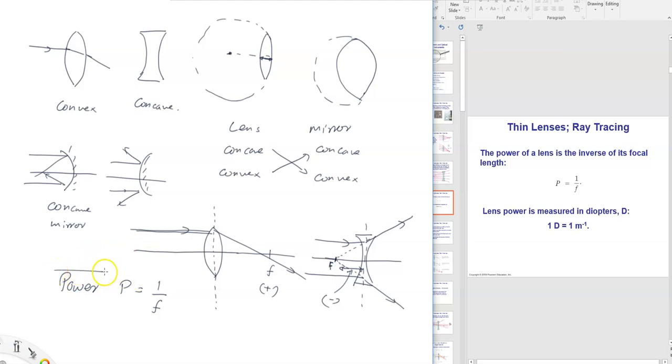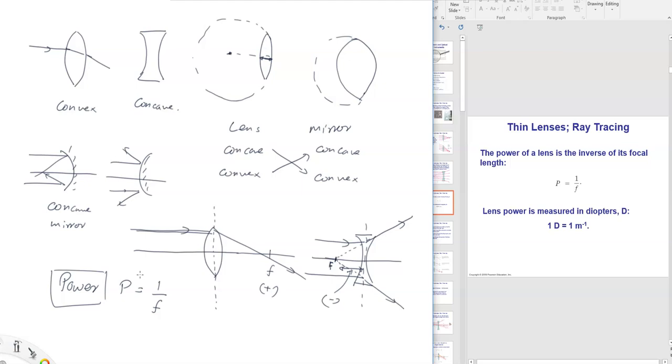This may be a familiar term because if you wear glasses or reading lenses, the doctor will recommend you need a certain power in your lens. That's actually 1 over focal length. It's an optician's thing that they prefer to talk about diopters, power, 1 over focal length.